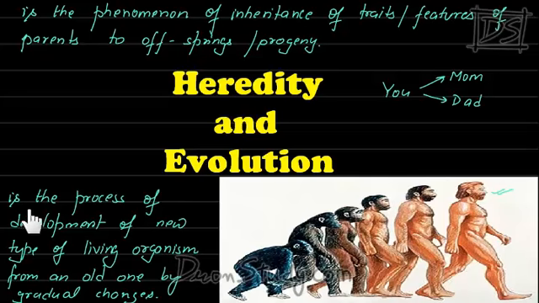So evolution is the process of development of new type of living organism from an old one by gradual changes. This is evolution. Okay. So now we will study heredity and evolution in greater details in this chapter.